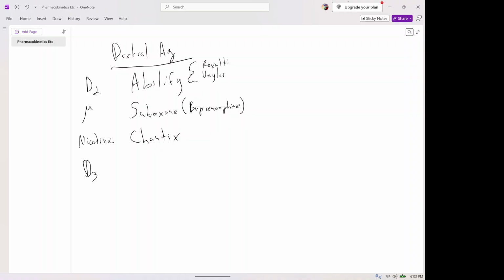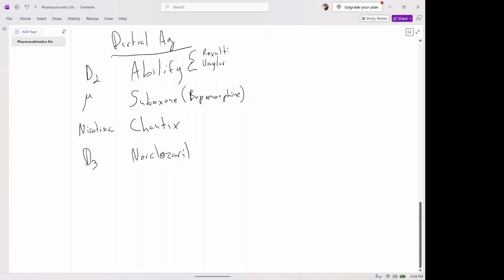In fact, it just confuses me when I try to think about the relevance of it. But the metabolite of Clozaril, norclozapine, is a D3 partial agonist. Take that for what you will.